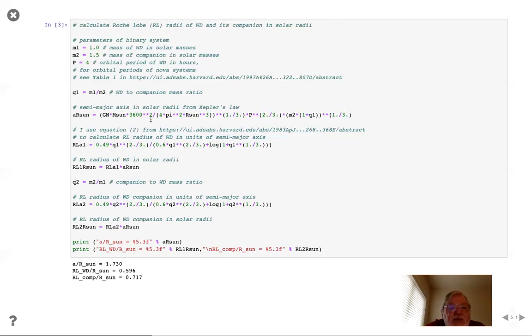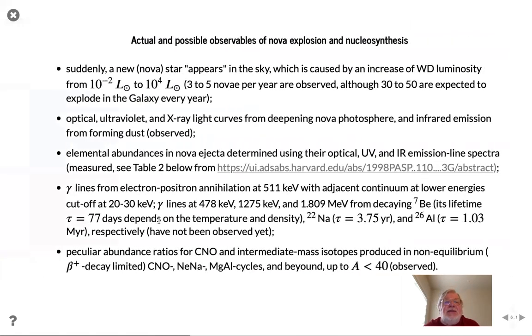So if we execute this cell, we will get these results. First, the semi-major axis of the binary system, a, the separation of the two stars, is 1.73 solar radii. The Roche lobe radius of the companion star is 0.717 solar radii, and the Roche lobe radius of the white dwarf is 0.596. You can just play with this cell later.